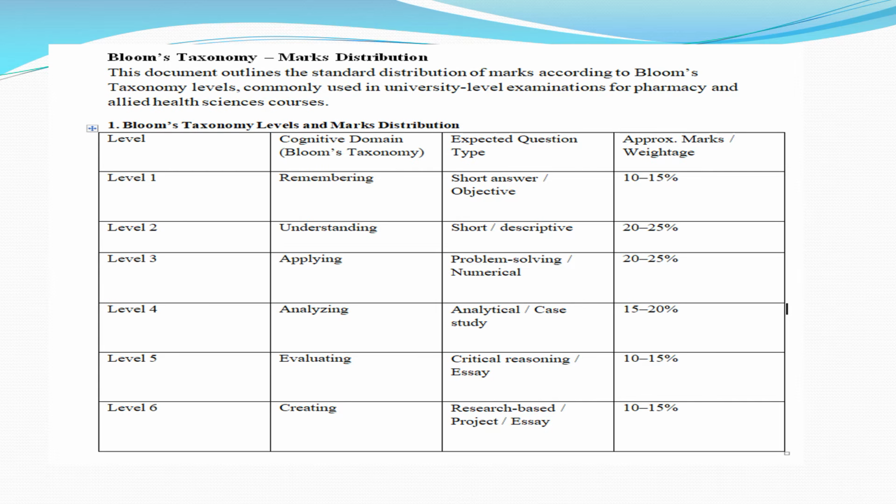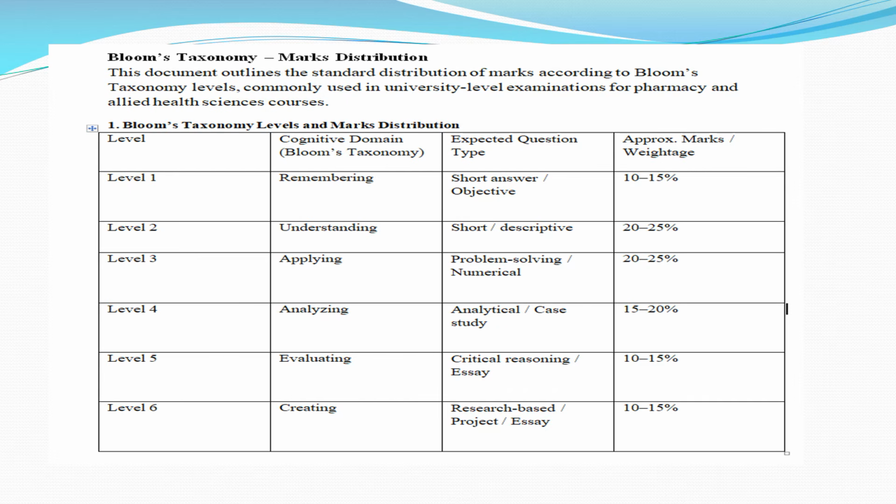The number distribution is also a very important part, and it varies from subject to subject, because in many subjects we cannot use the applying or analyzing level, and in many subjects we cannot use the creating level. Depending on the subject we can use the number distribution.